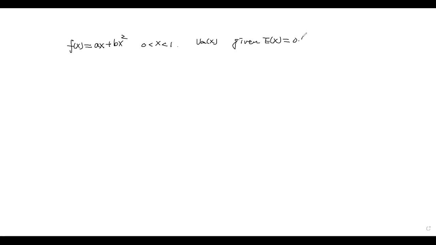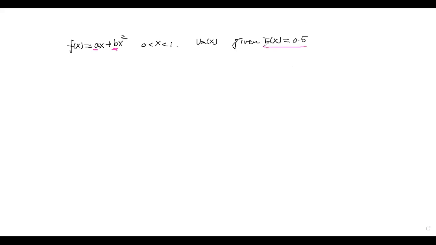When you try to do this problem, the first thing you notice is this PDF has two constants, a and b. We know the definition of the variance of x is pretty easy to use, but we need a and b.